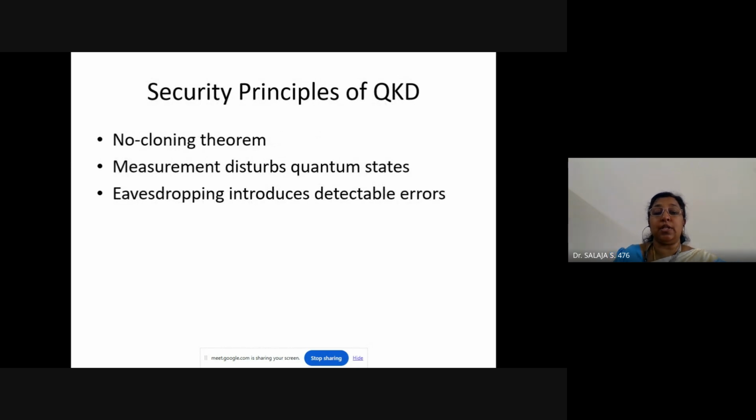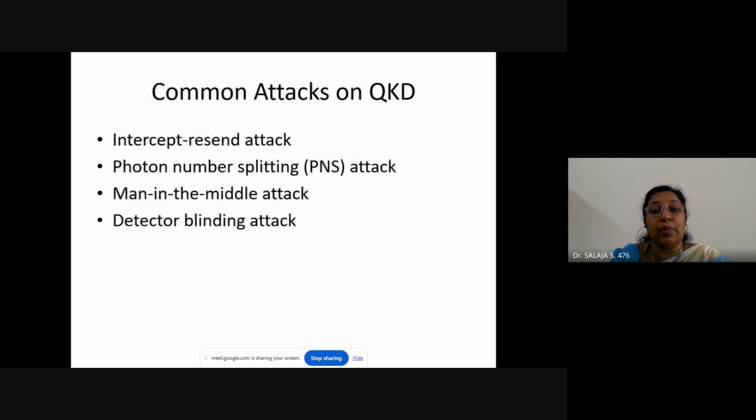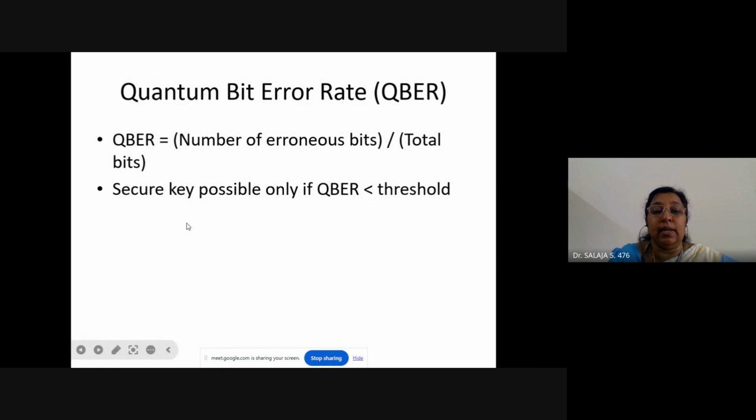The security principles of quantum key distribution are based on the no cloning theorem and the characteristics of quantum states where the measurement disturbs it, and eavesdropping leads to detectable errors. The common attacks on quantum key distribution are intercept resend attack, photon number splitting, man in the middle, and detector blinding attack.